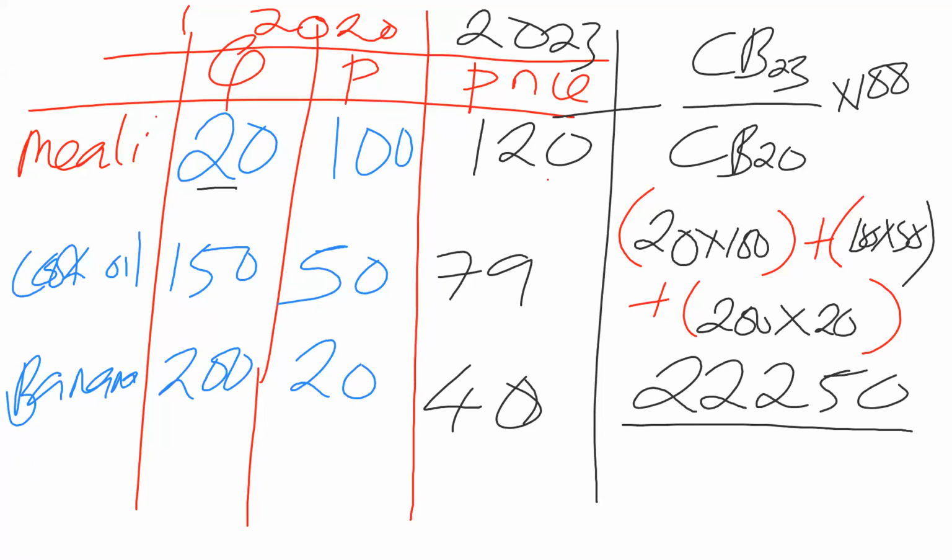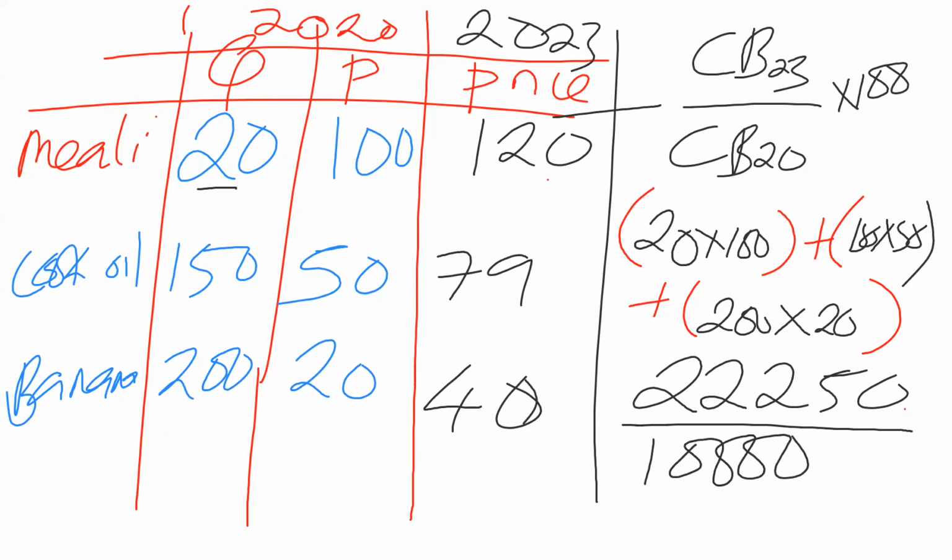When you do your computation, what do you get as the cost of living in 2020? 11,000. Okay. So this was the cost of living.